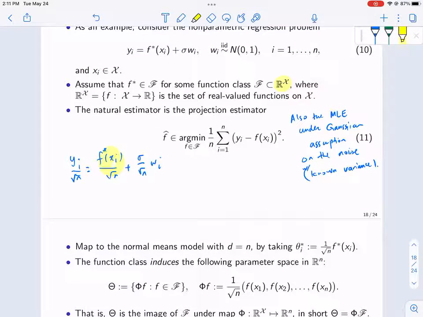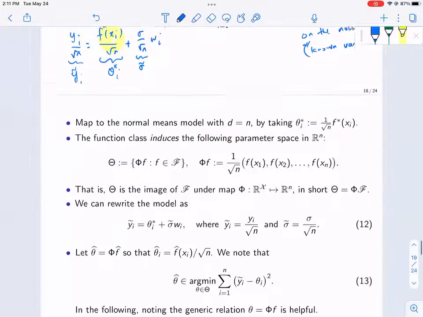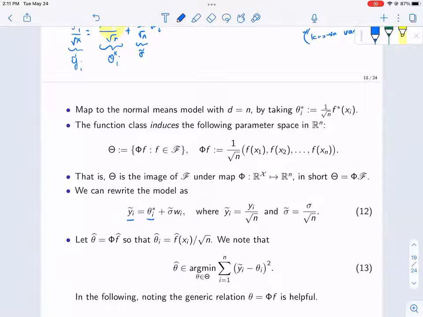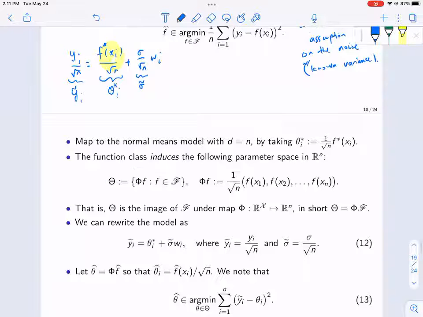We can call this theta star_i, call this y_i tilde, and call this sigma tilde. So we have a model y_i tilde equals theta star_i plus sigma tilde w_i. If you put everything together in a vector, you get y tilde is theta star plus sigma tilde w. That's another way of writing it.